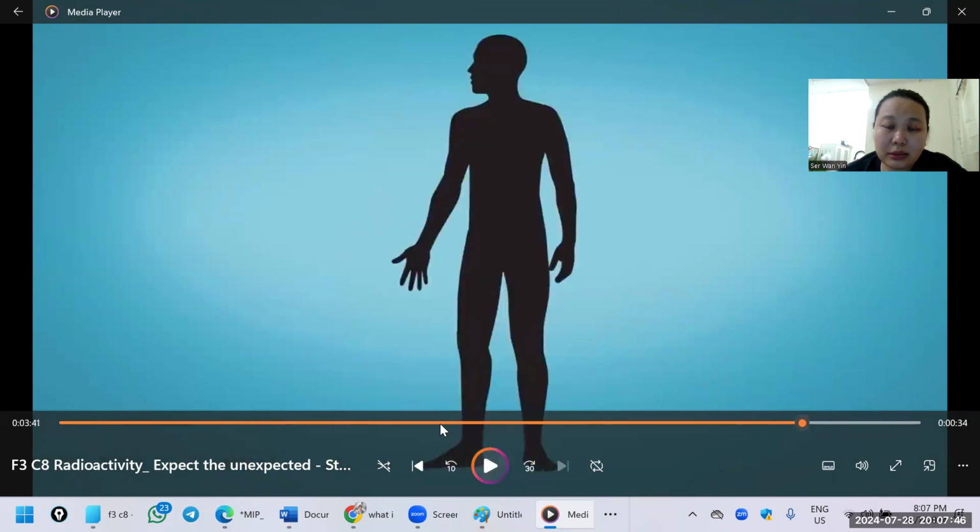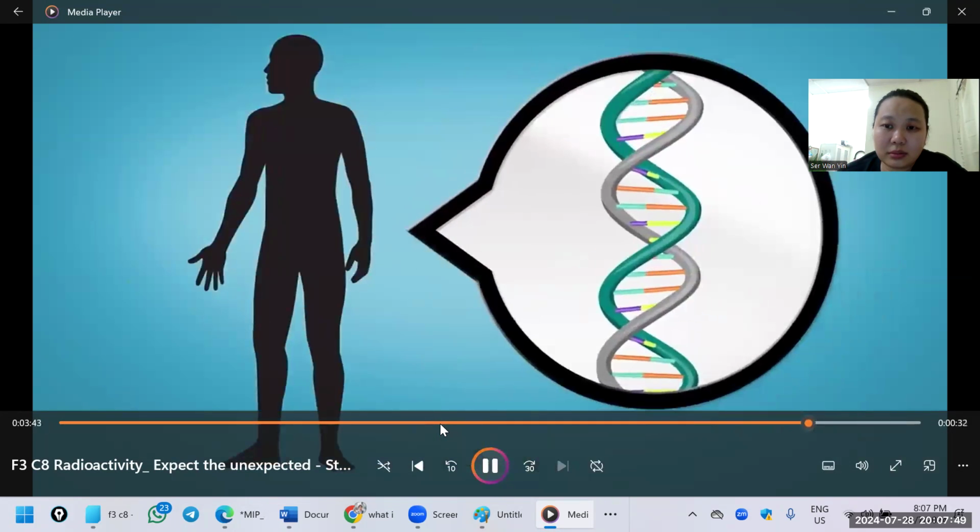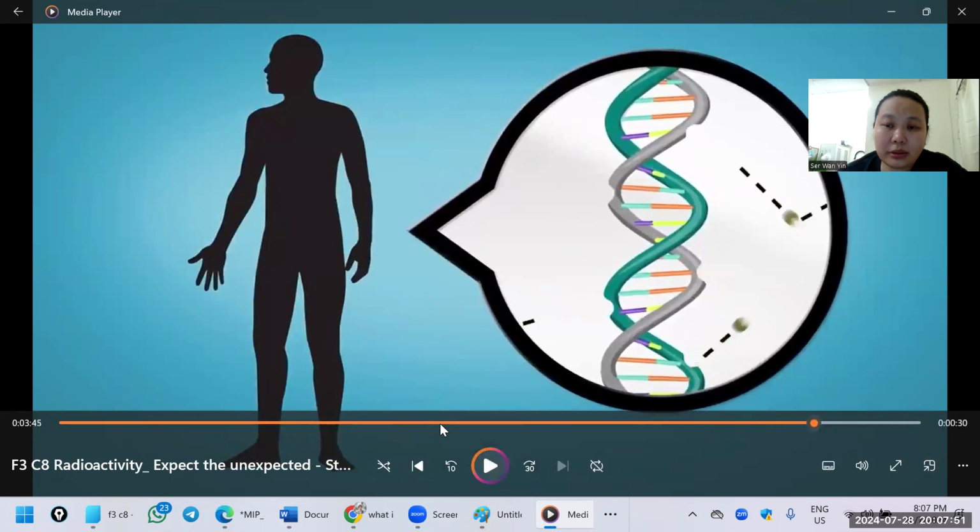Gamma is the least, because it's a wave. But because it's so small, it can attack our DNA, our nucleus in our cell, so it can cause cancer. In comics, the Hulk gets gamma radiation and becomes a superhero, but in real life, if we get radioactive radiation, we die or get cancer.